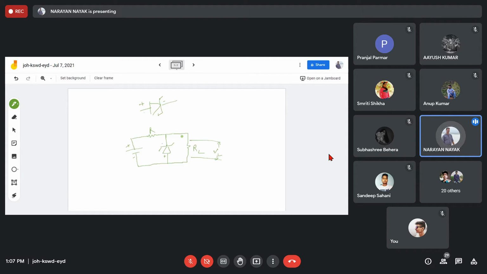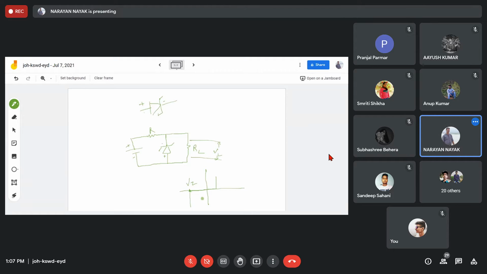Suppose it asks what is the equivalent model of the Zener diode. Then you have to go for the approximate equivalent model. The approximate equivalent model is the forward bias condition, and in the equivalent model you get the Zener breakdown voltage, that is your Vz, and this is the current.